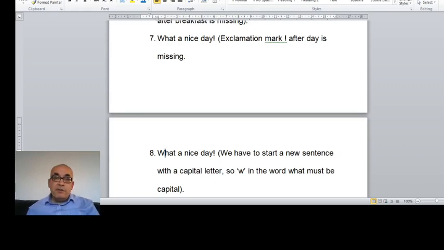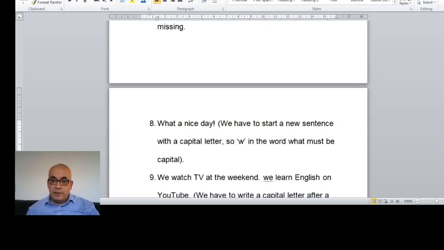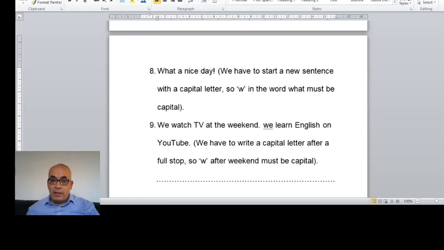So what do we learn from all this? We've got number 9. We watch TV at the weekend, and then full stop and then small w. Again, this sentence is wrong because after a full stop we always start the sentence with a capital letter. So I have to put capital W. Now it is correct.